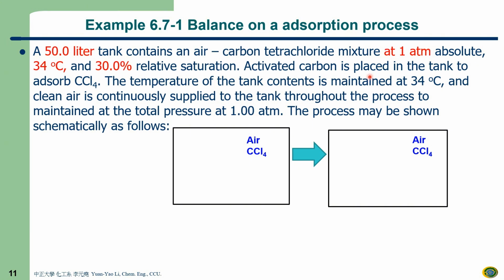The pressure we want to keep constant, and the temperature we want to keep constant. In this case, we want to reduce the amount of carbon tetrachloride in the gas phase.